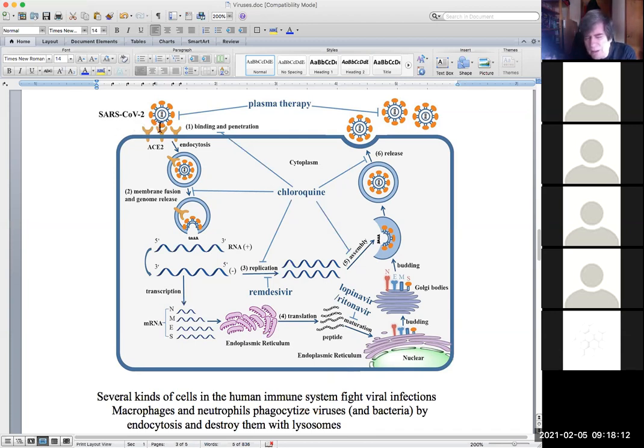So the S glycoprotein, that spike protein, fits into this ACE2 receptor. Now, the ACE2 receptor is not here for the virus. ACE2 actually stands for angiotensin converting enzyme 2. And this is a chemical that's found in your blood that cells can pick up out of the blood.